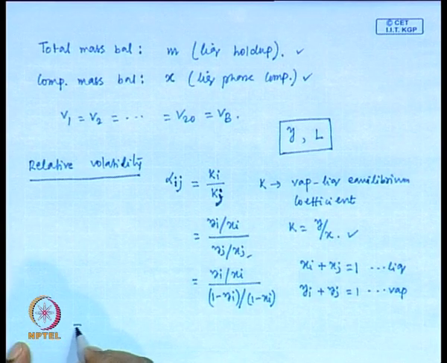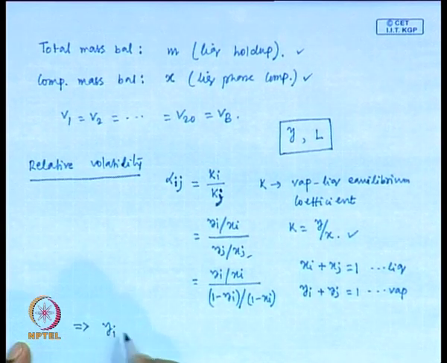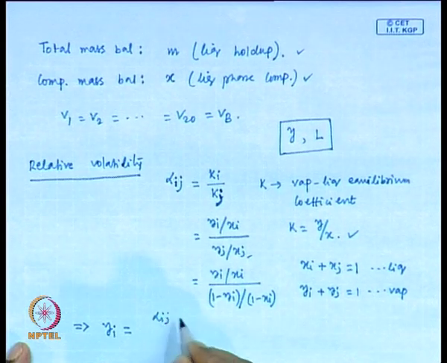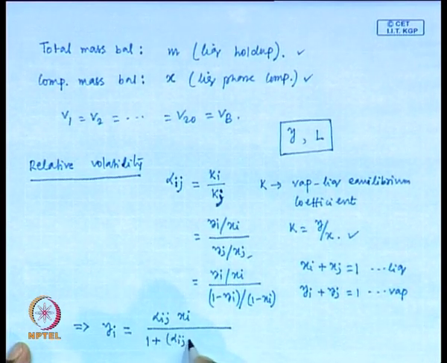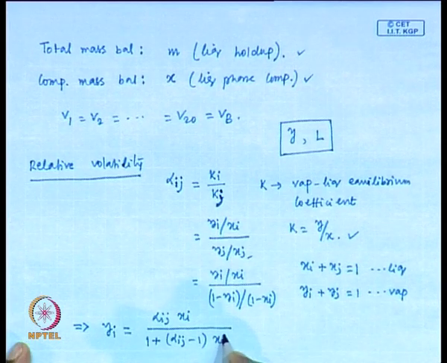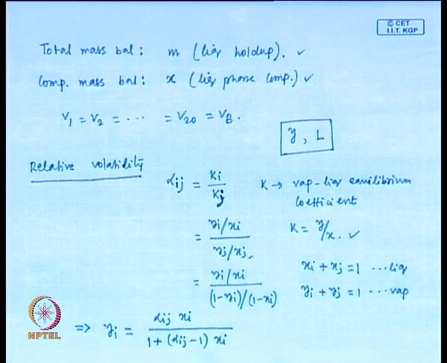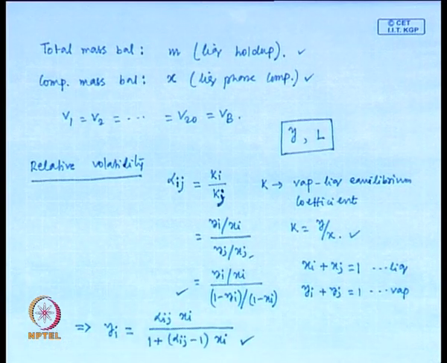If we rearrange this equation, finally we will get yi equals to alpha ij xi divided by 1 plus (alpha ij minus 1) into xi.